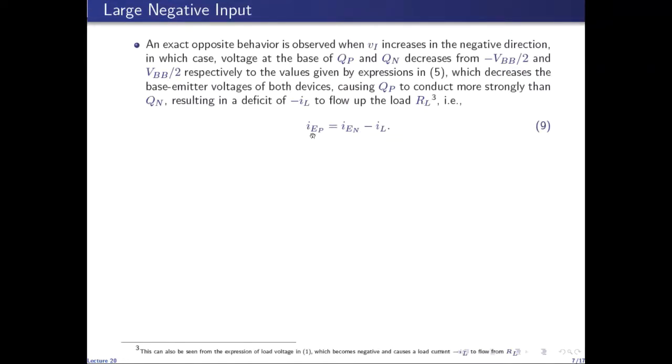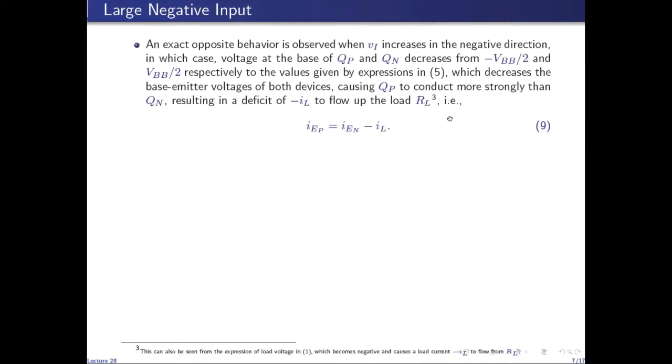So since IEP increases beyond IEN, IEN will be given by IEP plus IL, which means that minus IL will flow through RL. So minus IL will be a positive quantity.